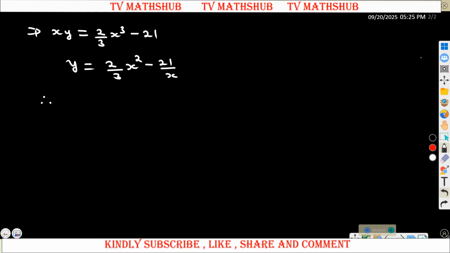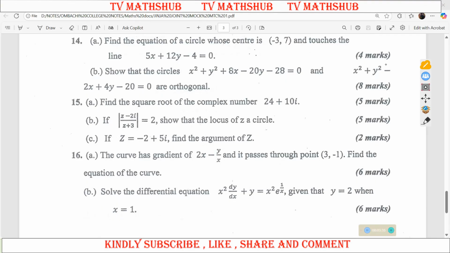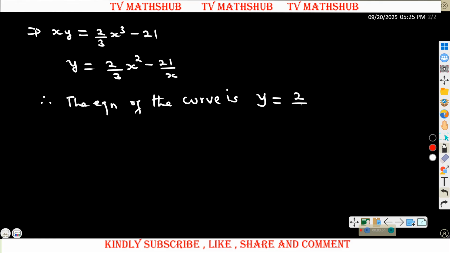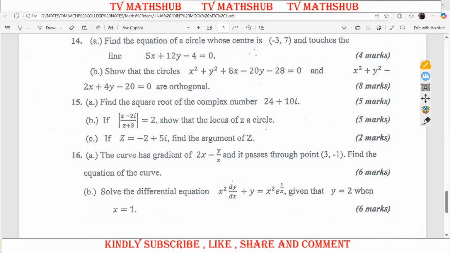Therefore, let us conclude that the equation of the curve is y equal to 2/3 x squared minus 21 over x, and that will be your answer.